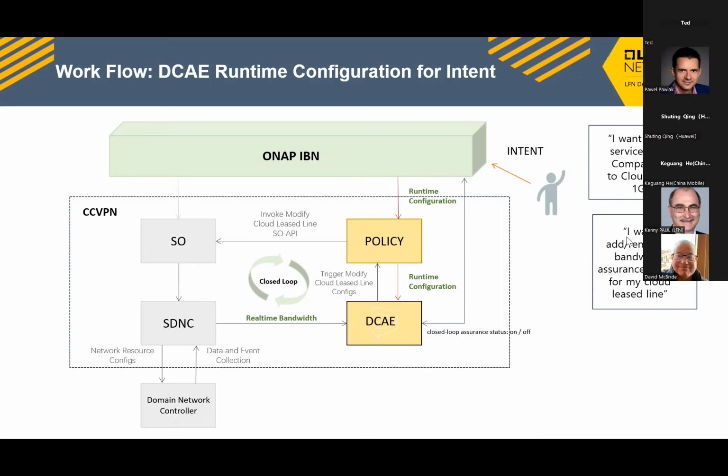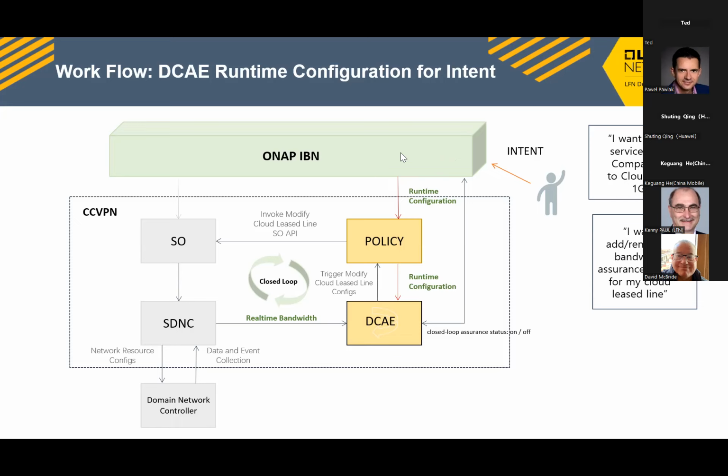But suppose that I buy the CLL service with the bandwidth assurance service. If someday in the future I feel like my normal bandwidth is always below 1 GB, I want to remove the service. Okay, that's fine. This intent comes here and we detect it's a modify intent, right?